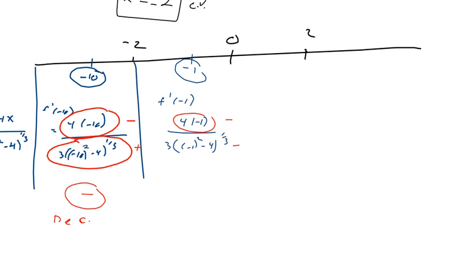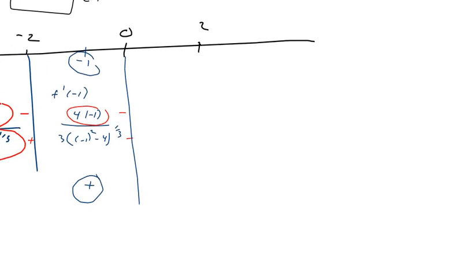Quickly, let's determine the other ones. Here's a positive one I'm going to pick there. F prime of 1. This is 4 times 1 over 3 times 1 squared minus 4 to the 1/3. This is a positive on the top. 1 minus 4 is negative on the bottom. Positive over negative, that's negative down here.